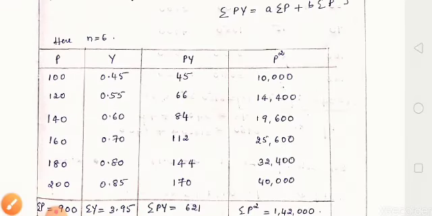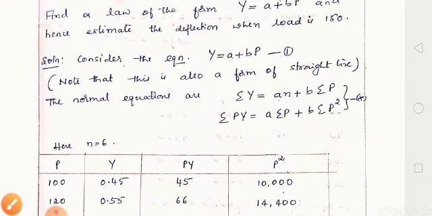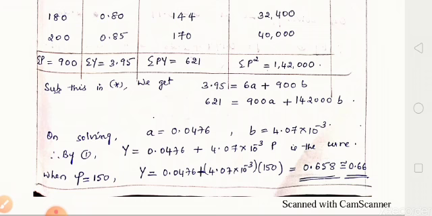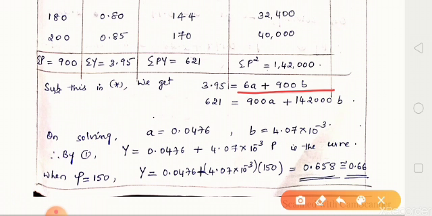We substitute all these values in equation star. So the normal equations become 6a plus 900b equal to 3.95 and 900a plus 1,42,000b equal to 621.